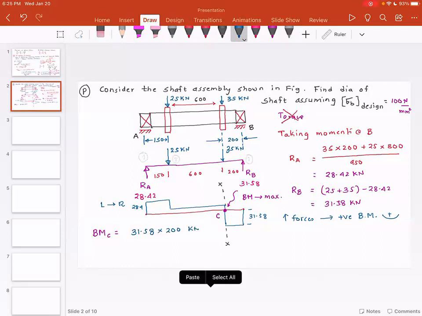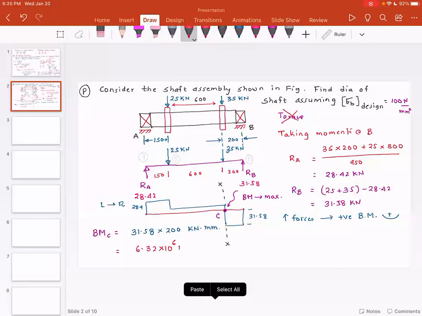Please note, the force unit is kilonewton, the distance unit is millimeter. So the maximum bending moment is 31.58 multiplied by 200 kilonewton millimeter. So the bending moment is 6.32 multiplied by 10 to the power 6 Newton millimeter.